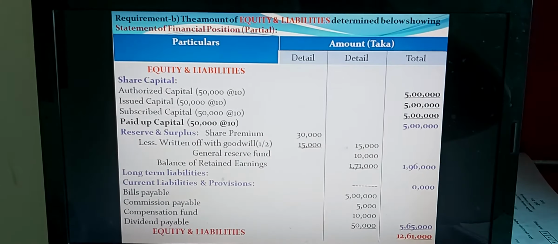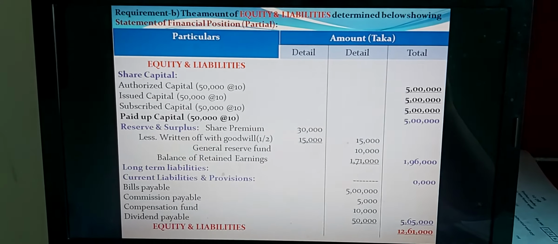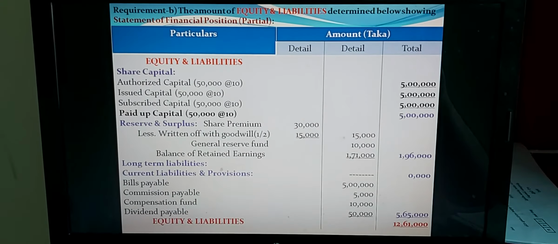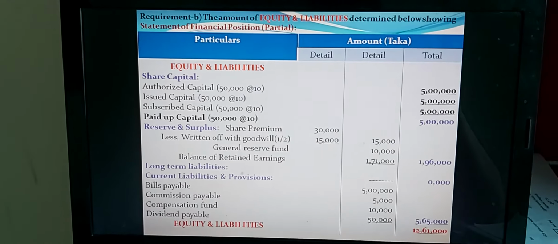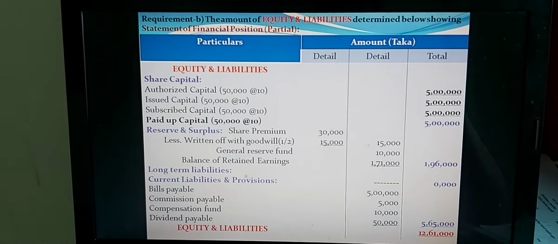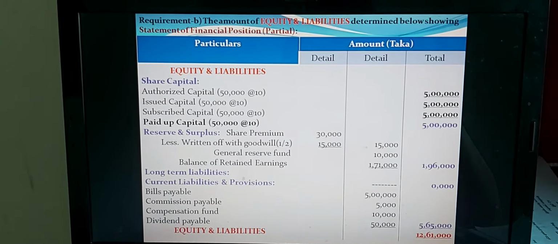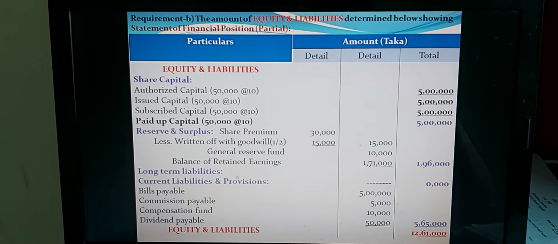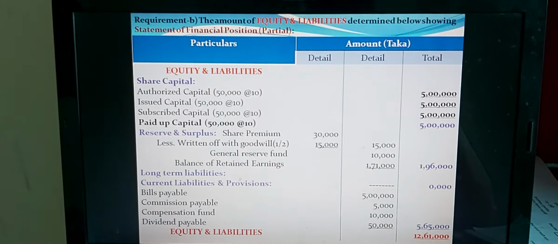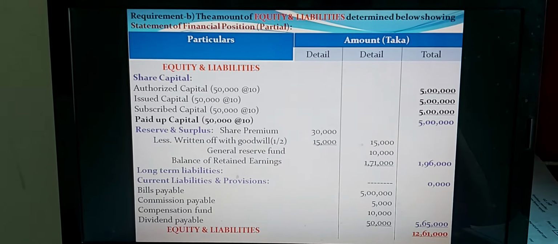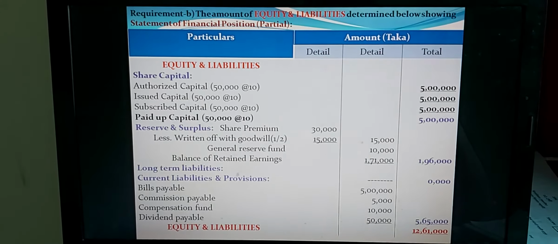Then you can go to the second head for joint stock company, reserve and surplus. Totally 3 items are available in this creative question. First item, share premium. Share premium in trial balance taka 30,000, but in adjustment number 2, half of the share premium to be written up with goodwill. So written up, it is the string amount.